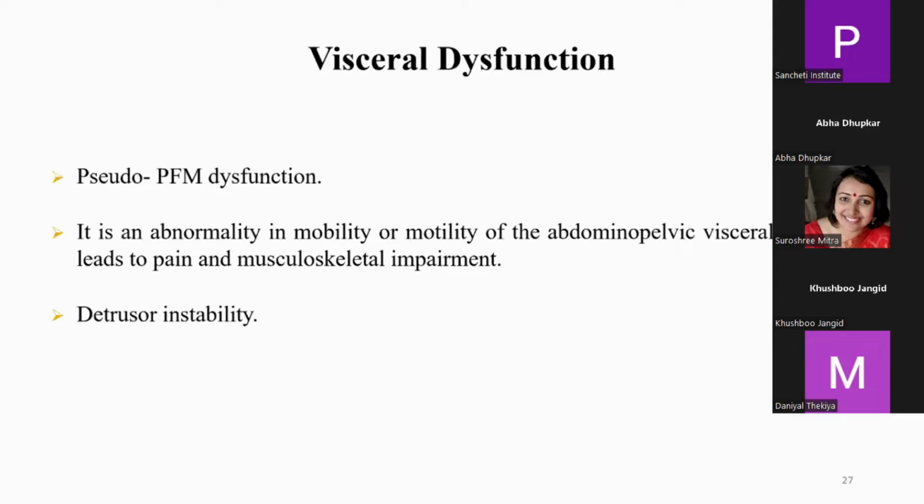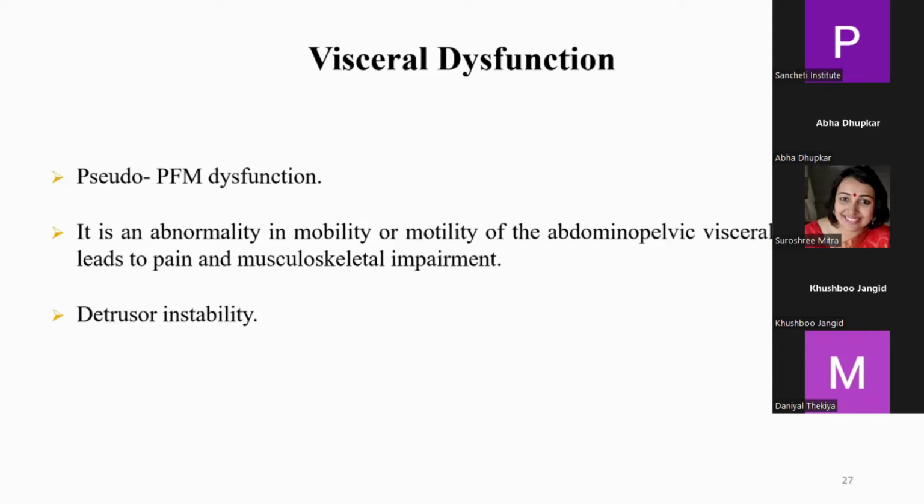Okay. I think now we have come to the last type of dysfunction, that is visceral dysfunction. Under visceral dysfunction, it is also called pseudo pelvic floor muscle dysfunction. Now, if you want to define visceral dysfunction, the major issue faced in this type of dysfunction is an abnormality in mobility or motility of the abdominopelvic visceral tissue.